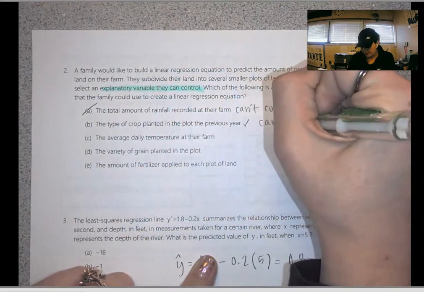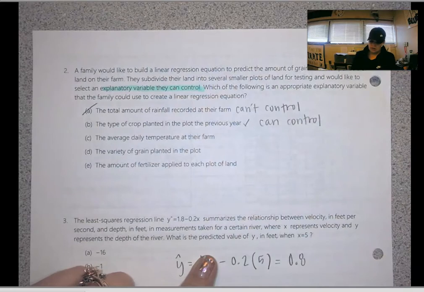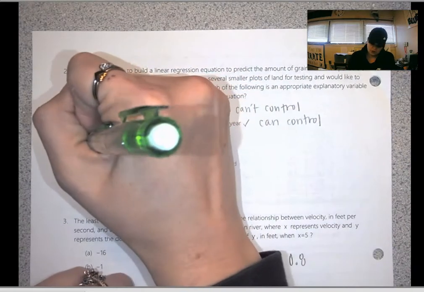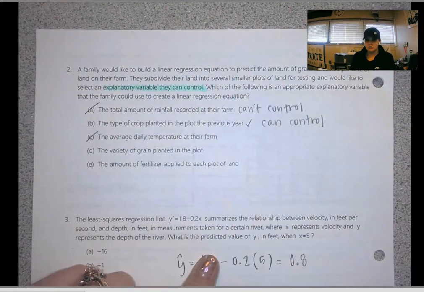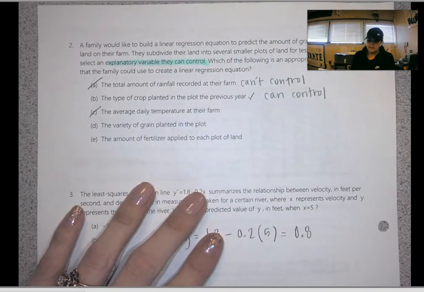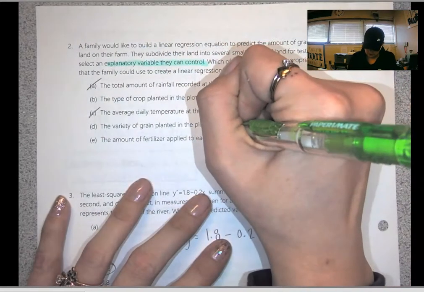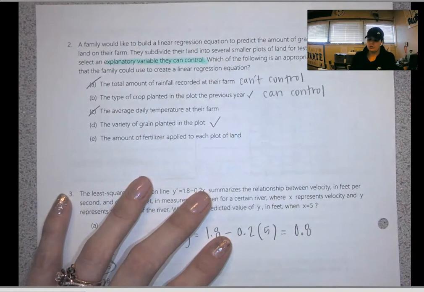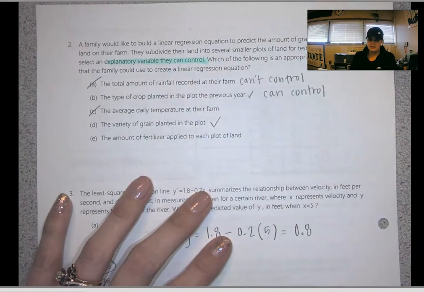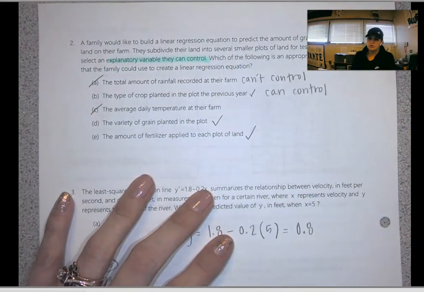This one is a can control. Okay, well, the average daily temperature. No, we cannot control temperature unless this is like a crop in a greenhouse, but it's not. D, the variety of grain planted. Well, yeah, we can control that. And then E, the amount of fertilizer. Well, yeah, we can control that.